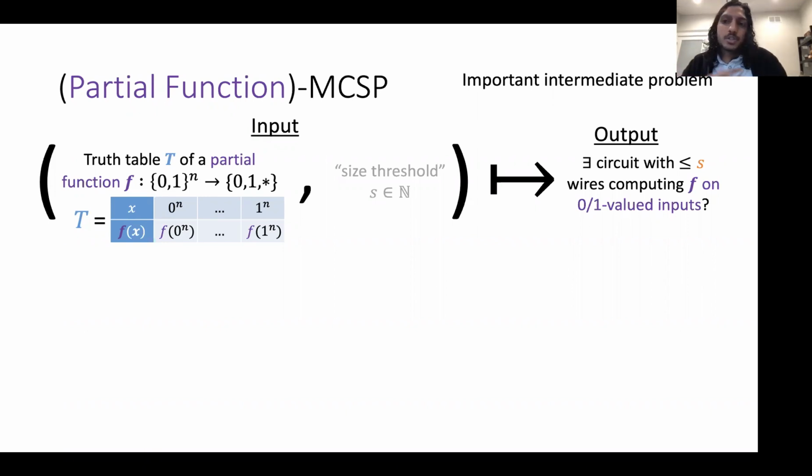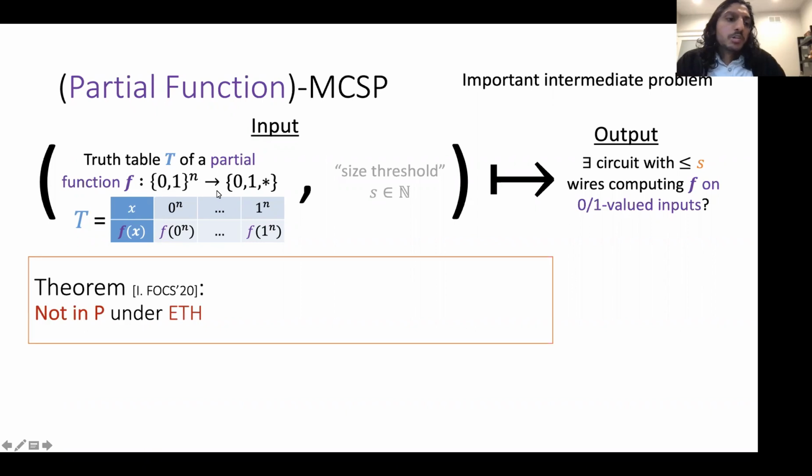What we show is that this problem is not in P under ETH. And if you're interested in how not in P it is, we show that it can't be solved in n to the log n time. So it's just barely outside the polynomial time regime.